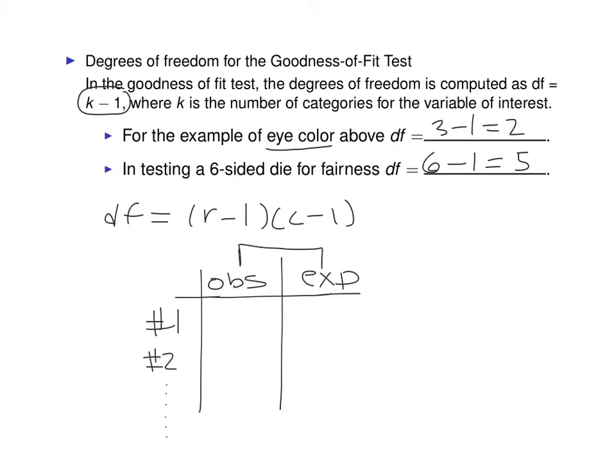So this will always have 2, and 2 minus 1 will always equal 1. And the other factor is the number of categories, in this case 6 minus 1. The reason they simplify it to k minus 1 is that because you only have observed and expected, you're always going to only have 2 of them. But it effectively is the same formula.